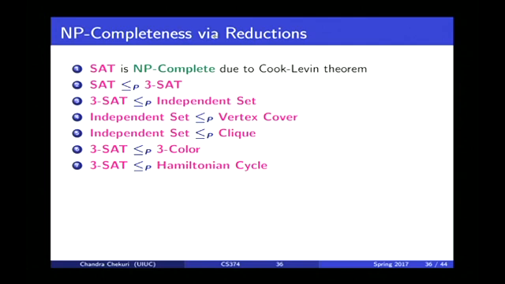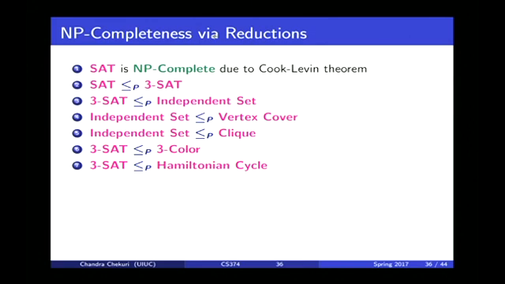It was not easy to prove them. He showed that a lot of natural combinatorial optimization problems are NP-complete by using reductions from SAT, and these reductions are amazingly clever. In today's and the next lecture, you'll see these fancy reductions that Karp came up with in the 70s.